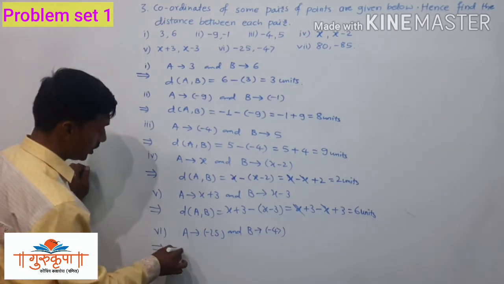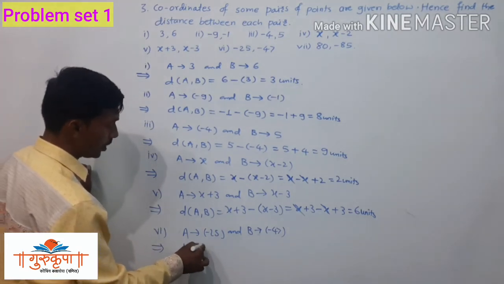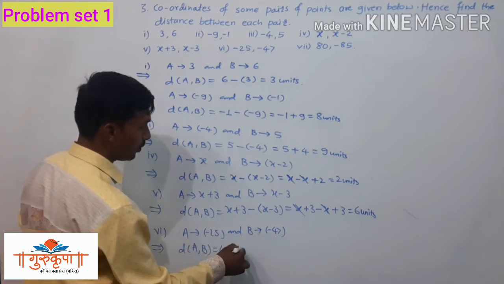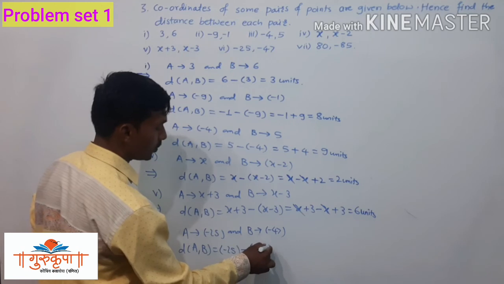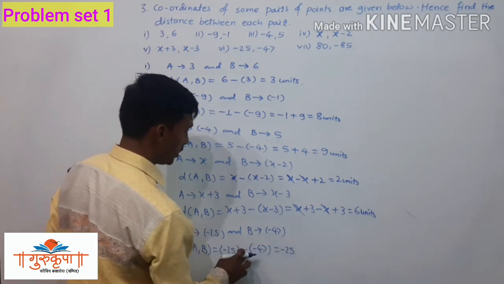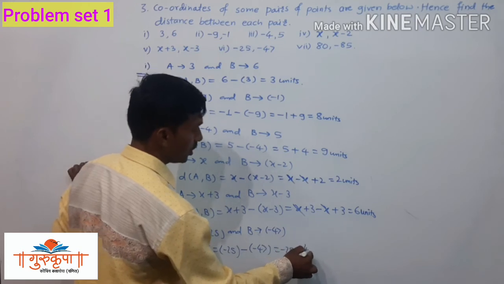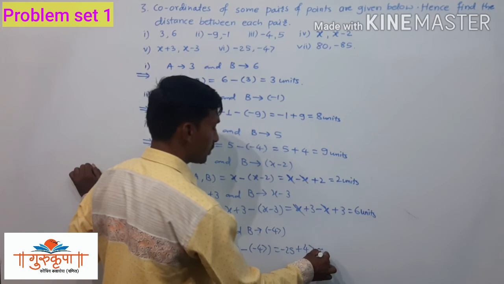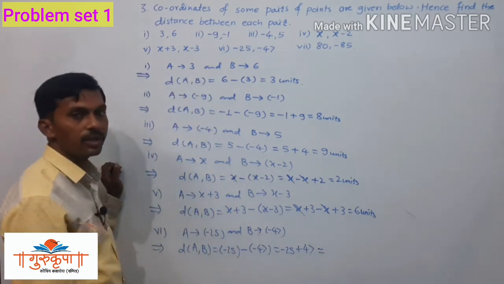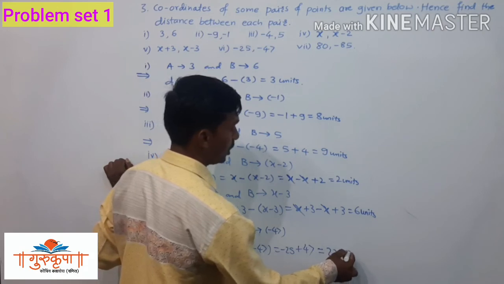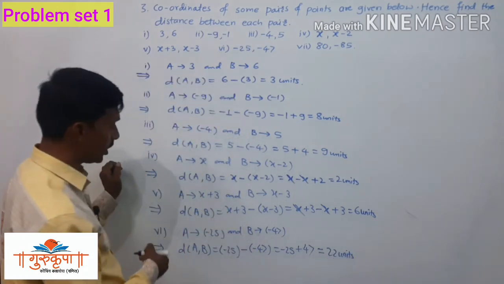So distance AB is equal to the bigger coordinate, minus 25, minus the smaller coordinate, minus 47. Now we can simplify this. This is minus 25 as it is, minus into minus is plus 47, and now 47 minus 25 is 22 units. That is the distance between points A and B.